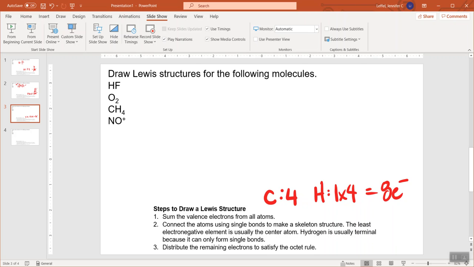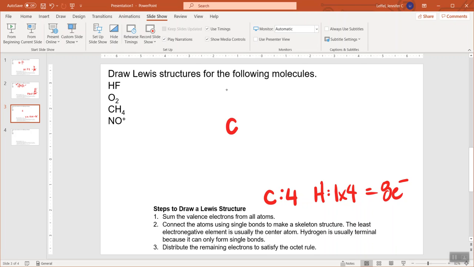Anytime that you have hydrogen, hydrogens can only make single bonds, so they're never going to be the central atom. So when you have to choose between hydrogen or some other element, hydrogen is going to be forming single bonds. It will not be the central element. So in this case, it's going to be carbon.